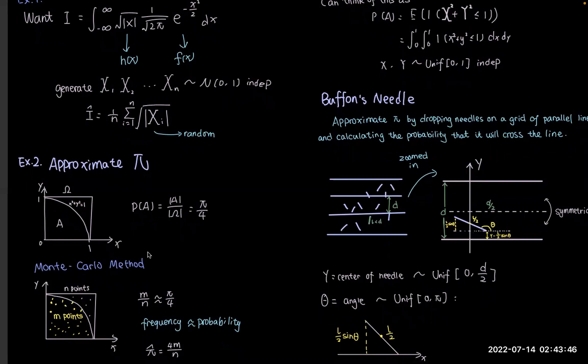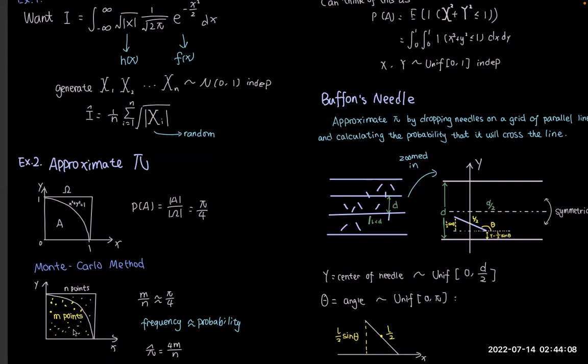We can just randomly throw n points, n may be 10,000, into omega, and then we count how many points fall into A. Suppose m points fall into A. If n is fixed at 10,000, this m is actually random.